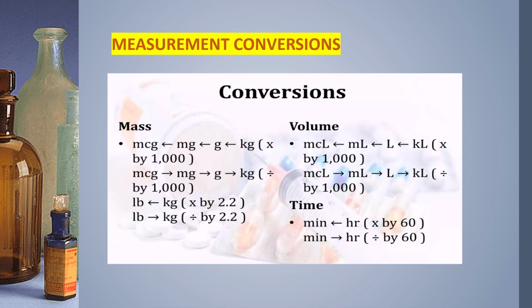If you want to make kg into pound, you have to multiply by 2.2. And if you are given pounds and they want the answer in kgs, you have to divide by 2.2. Similarly, if they give you per minute, or drops per hour, ml per hour, in either case you will multiply or divide by 60.